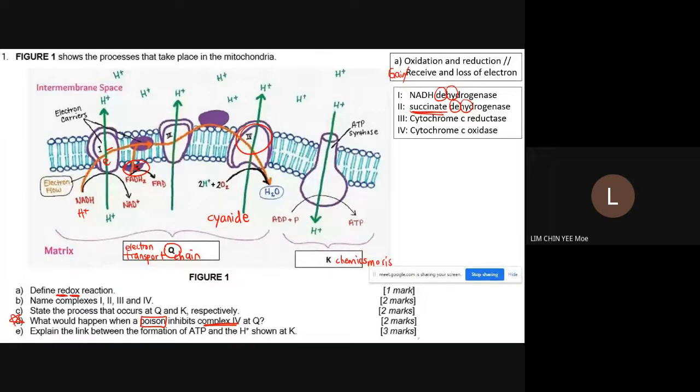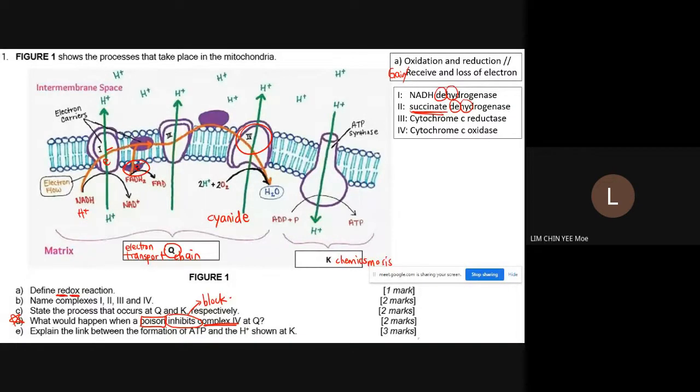If you consume a large amount, bukan makan satu dua you akan mati. But if it's a large amount of apple seeds, it will give you a large amount of cyanide that can cause death. How? This is how. Cyanide is the type of poison that can inhibit or block complex 4.